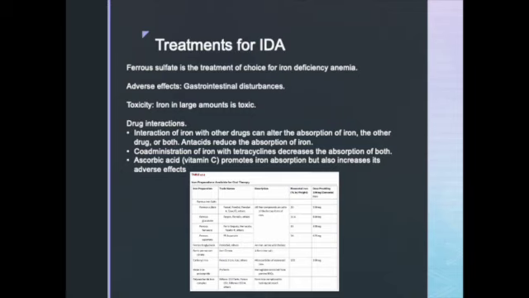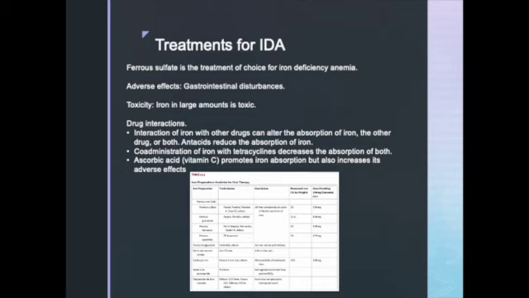Ascorbic acid, or vitamin C, promotes iron absorption, and this is why we like to tell our patients to take their iron with a glass of orange juice. It's also going to increase the adverse effects as well. Attempts to enhance iron uptake by combining iron with ascorbic acid don't really offer an advantage over simply taking a larger iron dose.